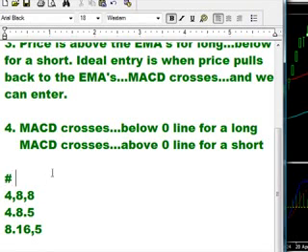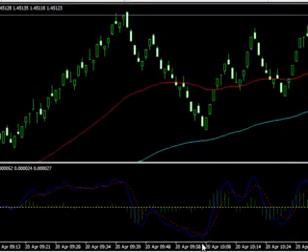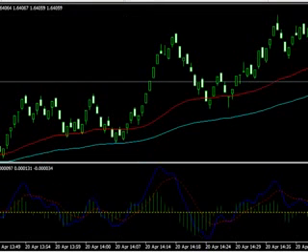All these charts that we were looking at were 3 range charts, and the only thing different was the MACD was a little different for each one. But you can see they all gave some winning trades, even with the different MACD.